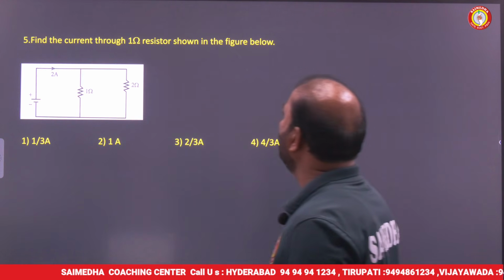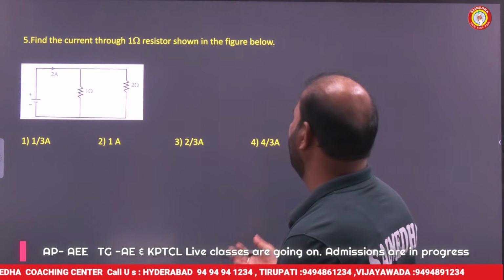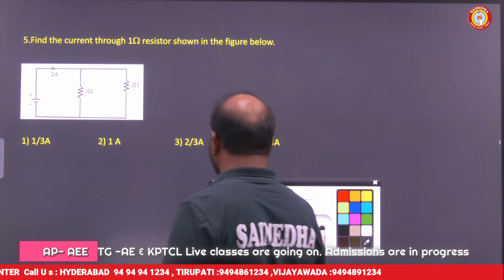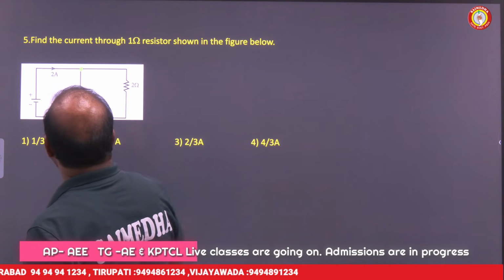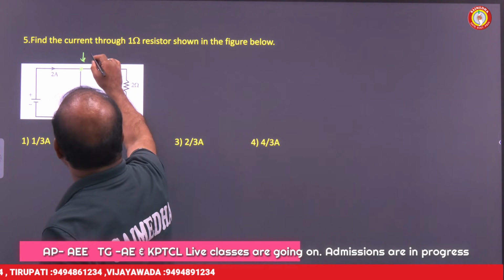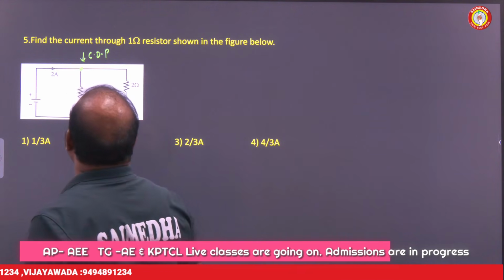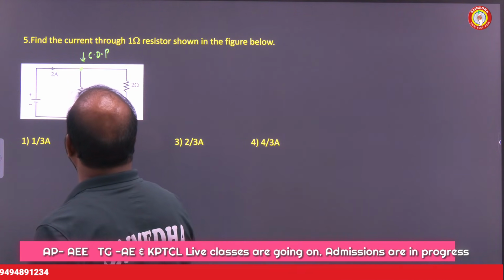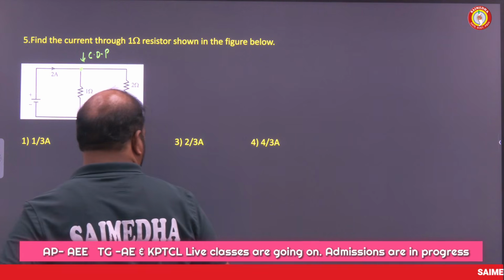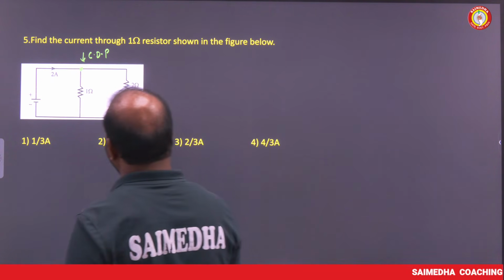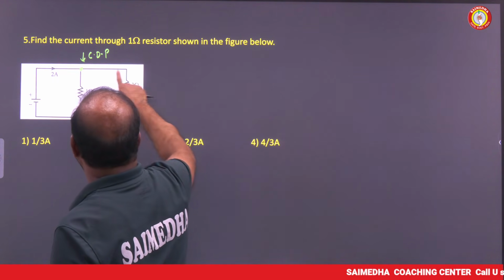Friends, find the current through the 1 ohm resistor as shown in the figure. This is a simple circuit. By using CDR, the current division principle, otherwise directly, no need to even use the current division rule.